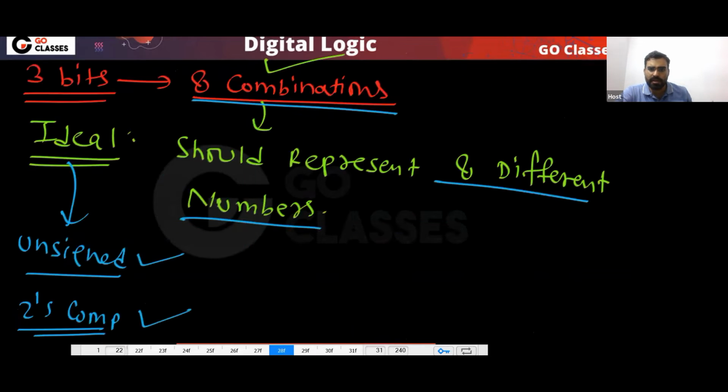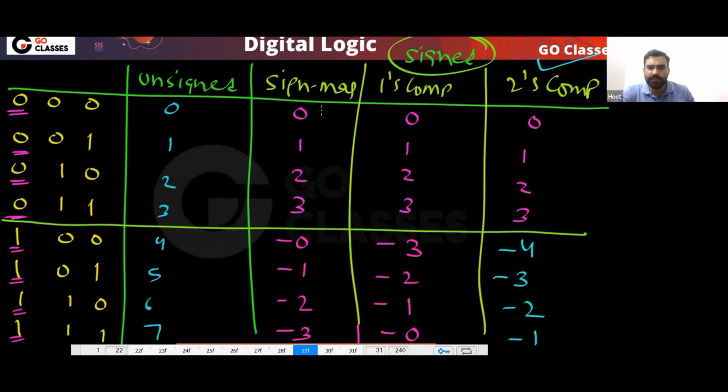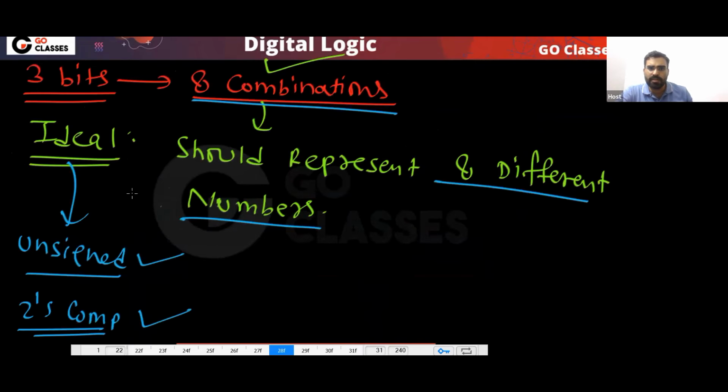But how many different numbers are represented here? Please note this and this. You can notice that sign magnitude and 1's complement represent only 7 different numbers.